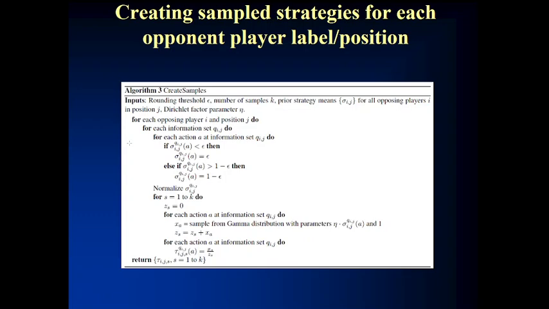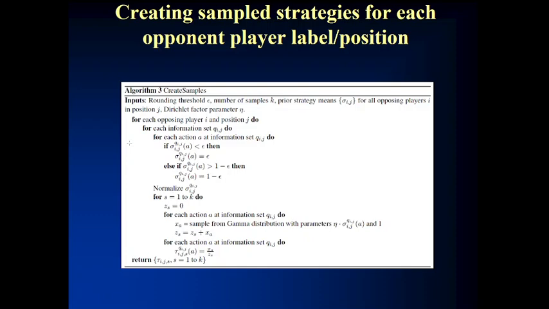CFR has produced very strong strategies in practice in poker. They may converge to approximate Nash equilibrium, they may not, but regardless, they should produce a pretty reasonable starting point strategy. And so we're going to use these as the prior strategy means, or something else.